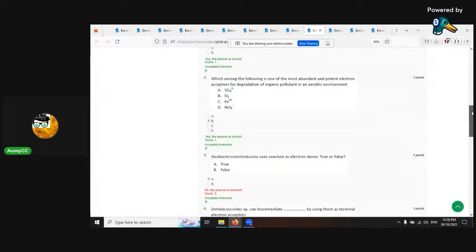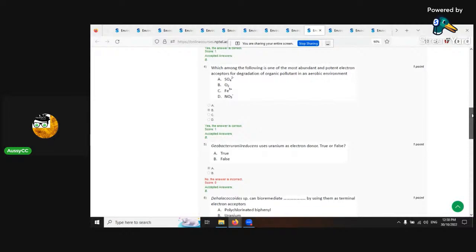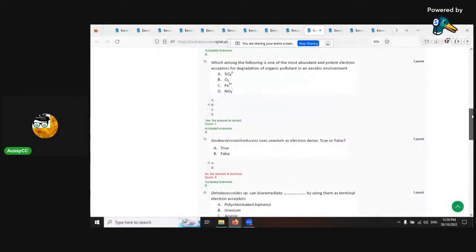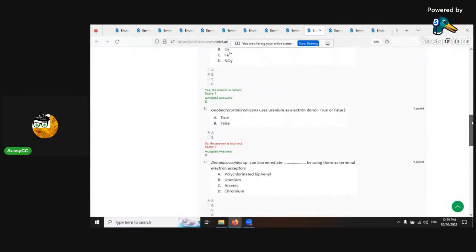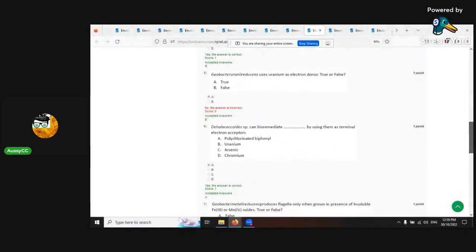Dehalococcus species can bioremediate polychlorinated biphenyls by using it as a terminal electron acceptor in anaerobic conditions. Geobacter metallireducens produces flagella only when grown in presence of insoluble ferric or manganese oxides.